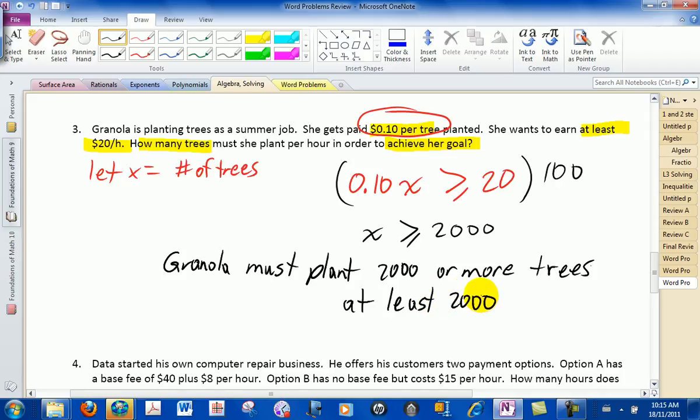Any others? That last example we used the word maximum. What could we use this time? Yeah, minimum. Plant a minimum of 2,000 trees. All very good ways of expressing the answer.